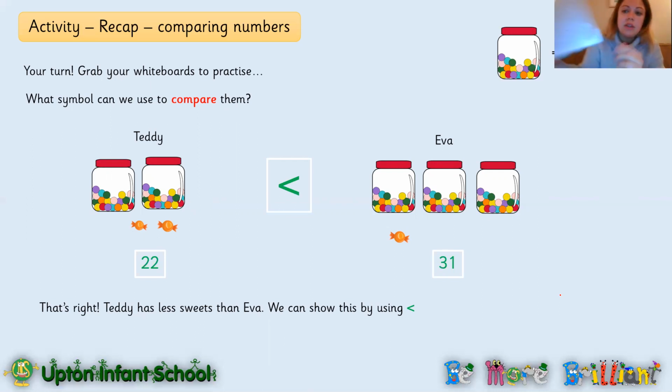And we can double check that by looking at our 100 square. 22 comes before 31. So 22 is less than 31. Well done. And well done if you used the correct symbol as well. Because remember, our crocodile mouth always wants to eat the biggest number, which in this case is our 31 sweets over here.